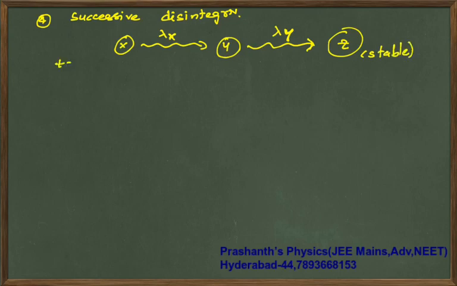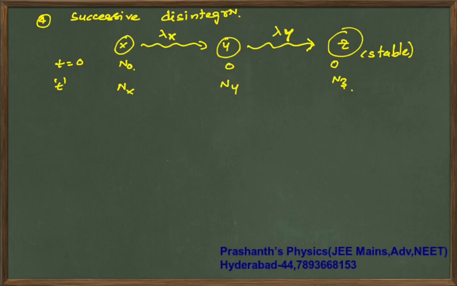At t equal to 0, if N naught is the initial number of nuclei, then 0 and 0. After time t, if N is the number of nuclei, for the formula's sake I am giving it like this. So don't try to link different things, it's just formulas. Take some Nx, Ny, Nz.